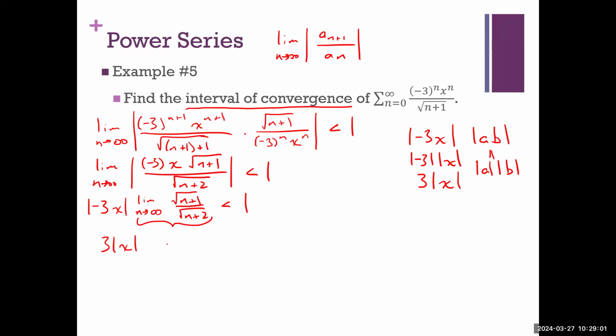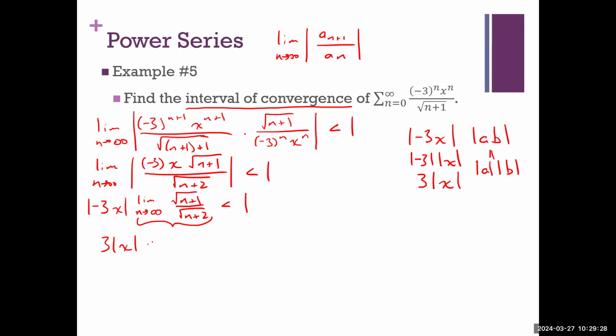These are not polynomials, but basically I have the square root of 2 consecutive numbers, n plus 1 and n plus 2. What's going to happen to that as n gets very, very big? The 1 and 2 are going to get overwhelmed. So basically it's taking the square root of a number divided by itself. So I think that goes to 1.